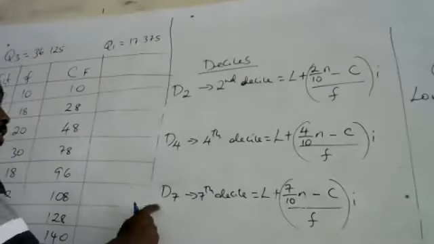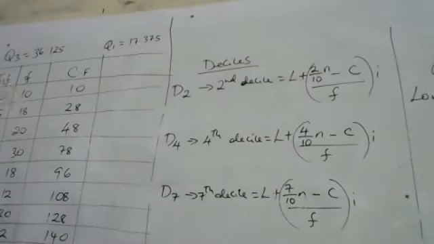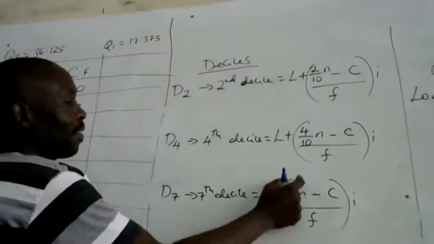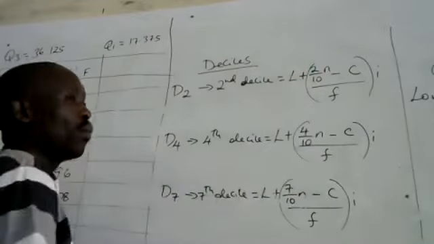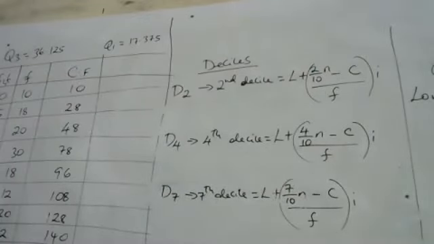If we want the seventh decile, we must get the seventh decile class. These parts are the ones that give us the value that will mean where the decile lies. Maybe we can calculate this one.